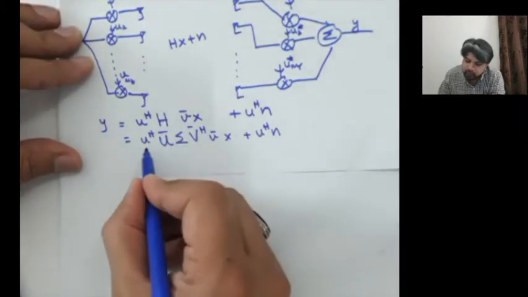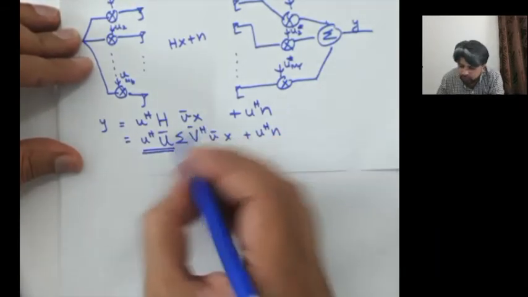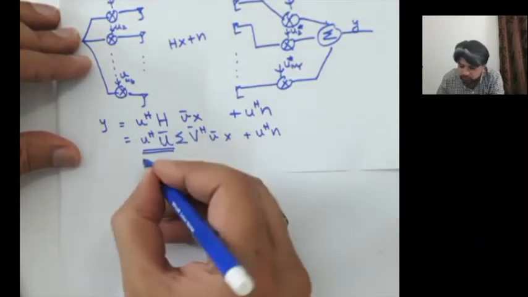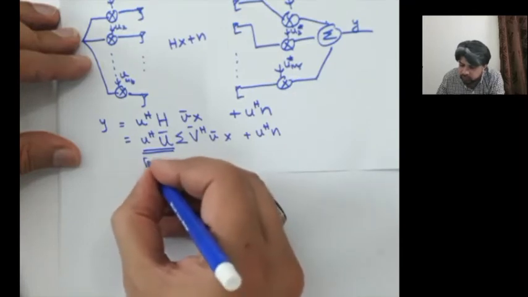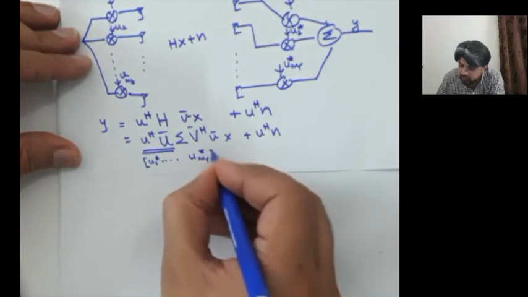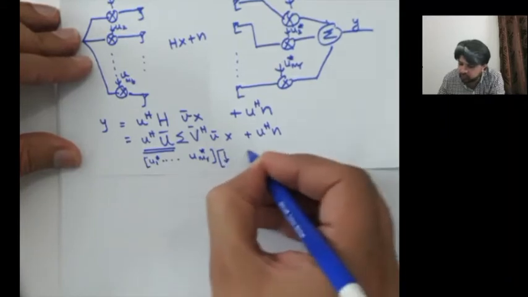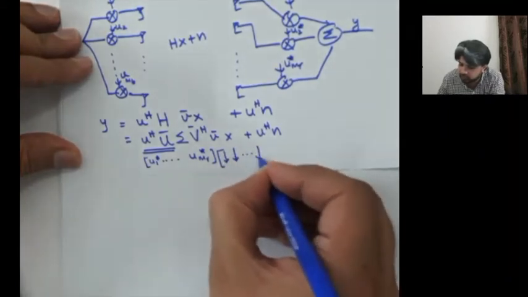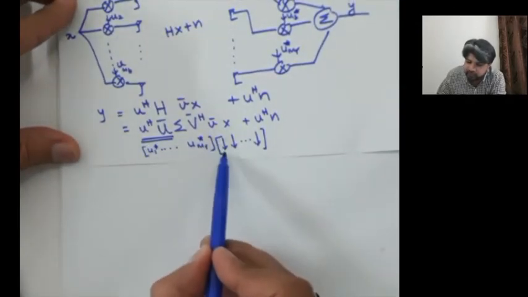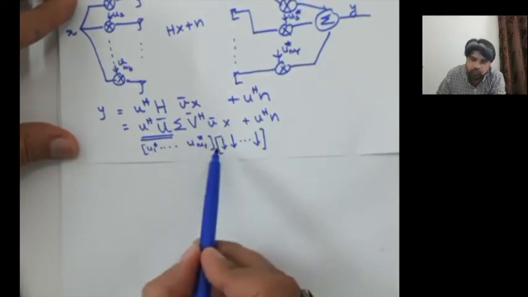Right. Now this product would give you what? So remember, U would be a column vector, U Hermitian would be a row vector. So U Hermitian would be U1 conjugate, UMR conjugate. You have this that gets multiplied with the U matrix. You have first column of the U matrix, second column, all the columns. Now, if this row gets multiplied with this column, remember this is the same column here and this is the conjugate of that, you would get a 1 here, right?